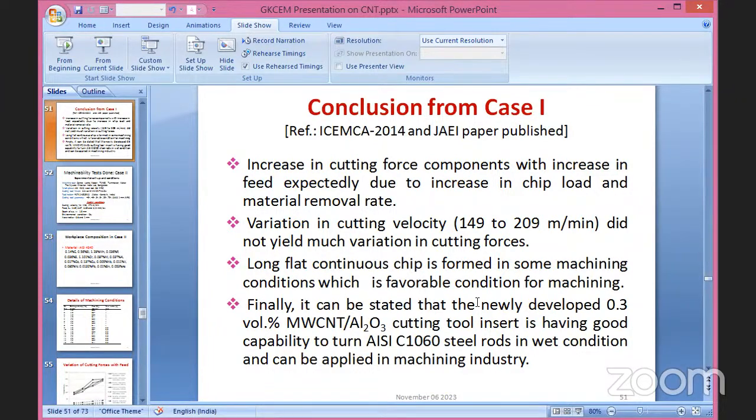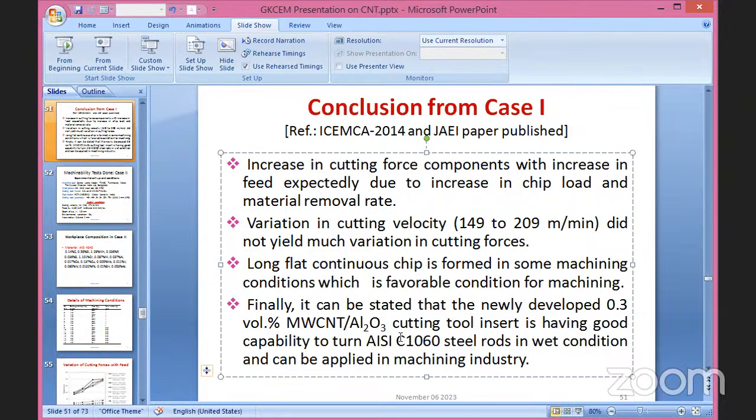And finally, it can be stated that the newly developed 0.3 volume percent multi-walled carbon nanotube alumina insert has good capability to turn AISI 1060 steel rods in wet condition and can be applied in machining industry. Actually, this C should be omitted; it is AISI 1060 steel. So we can conclude that this particular range of cutting velocities can be adopted so that machinability can be found good in this condition.